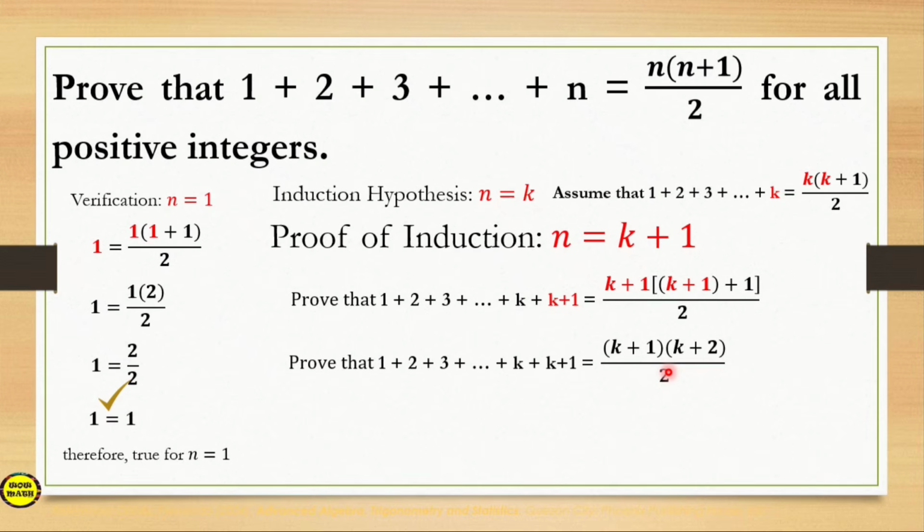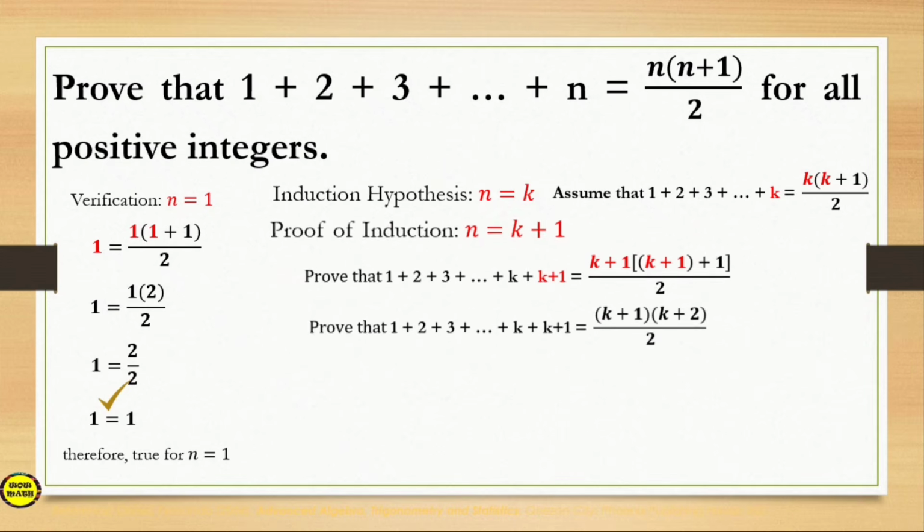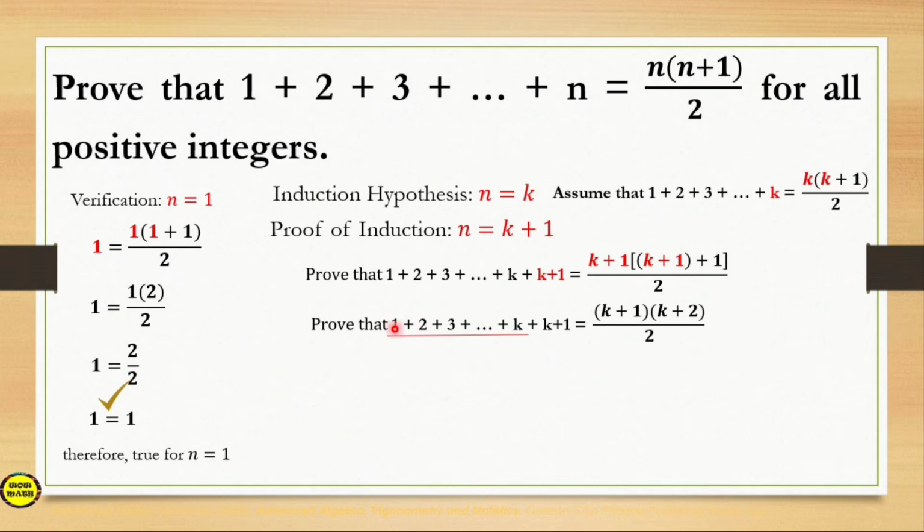So, yung goal nating class, para ma-prove natin ito na equal sila, kailangan itong nasa left side ay equal dito sa right side. So, paano natin gagawin? We all know na mula dito, 1 plus 2 plus 3 up to k ay equal dito sa k times k plus 1 over 2.